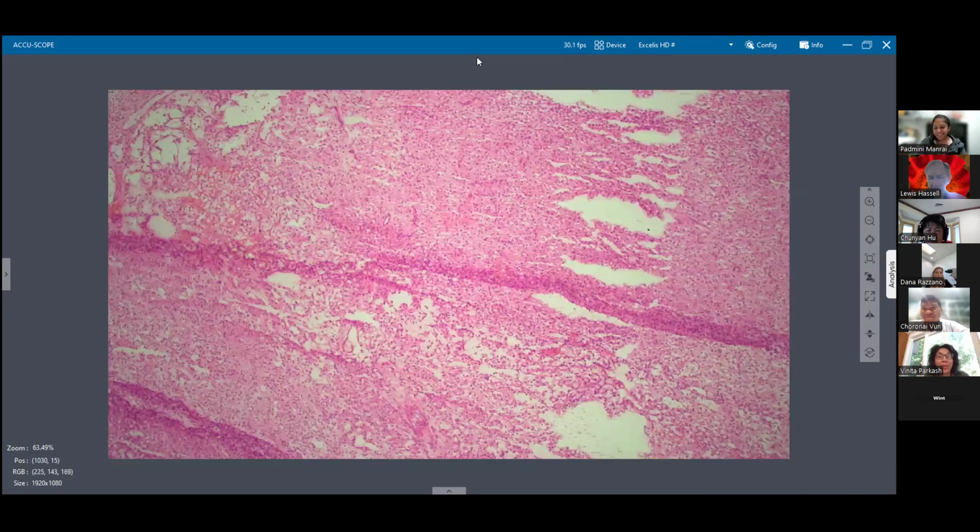Right. So yeah, I think you're absolutely right. The gross is really important with respect to the location of the lesion. And also, I think the imaging findings can inform on vascularity and all of those structures.